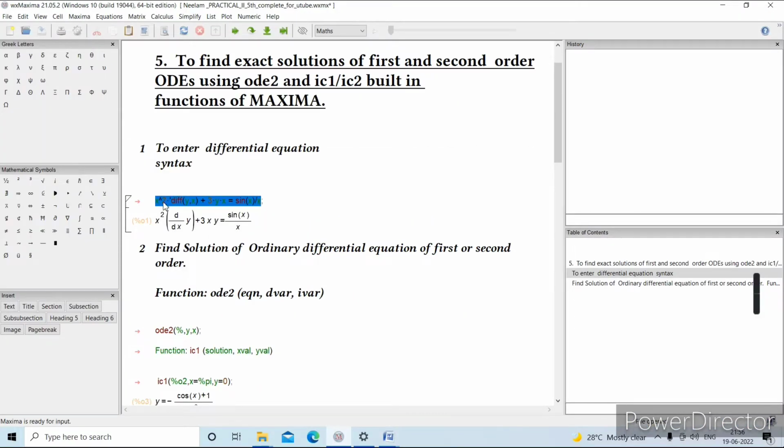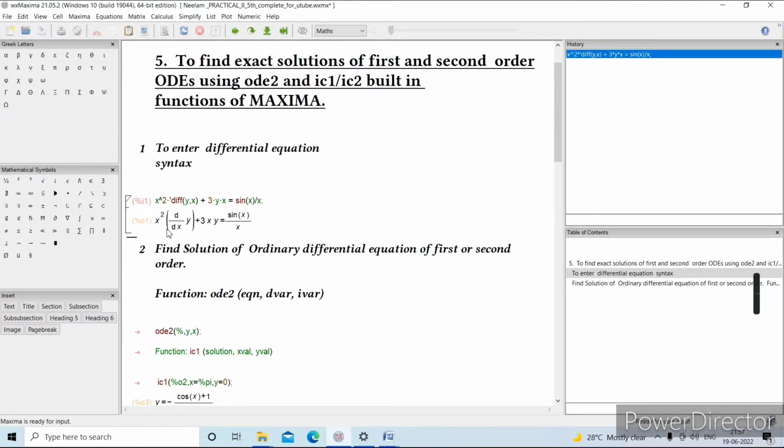I already wrote this syntax here: x power 2 star, quote diff of y comma x. When you run this with shift enter, you will see this differential equation is entered in memory, and this is input 1 and it is my output.